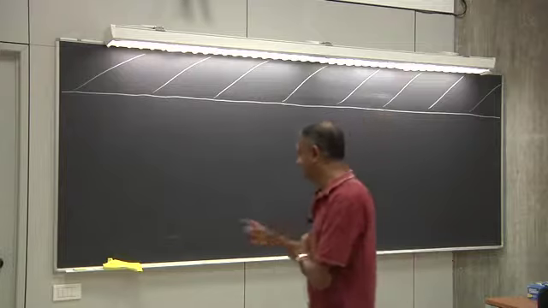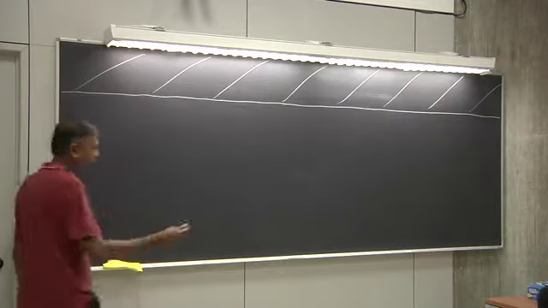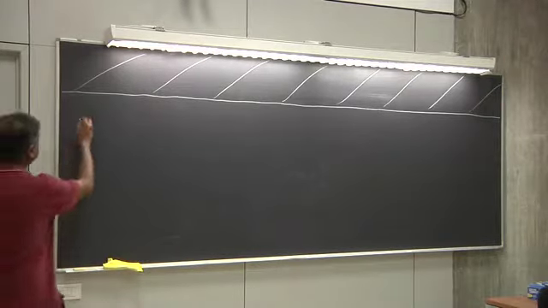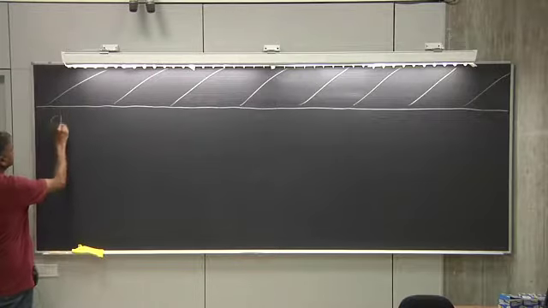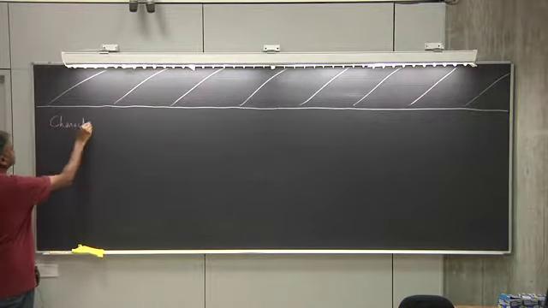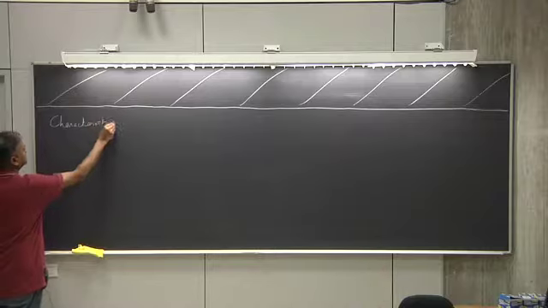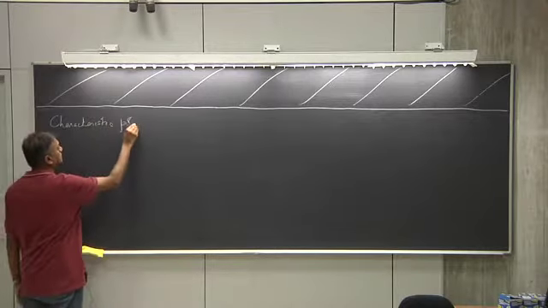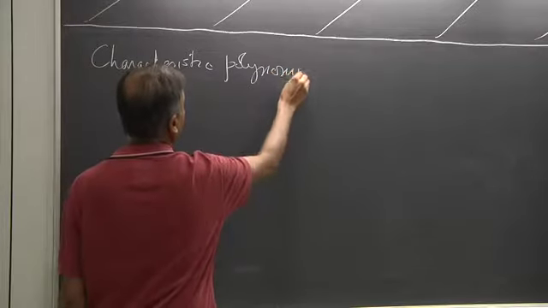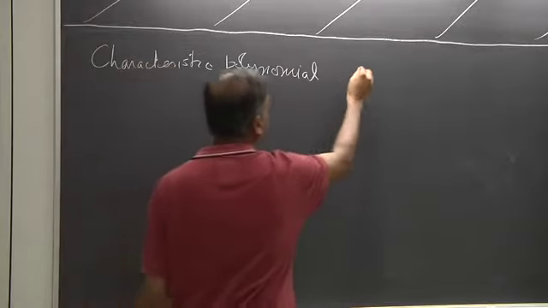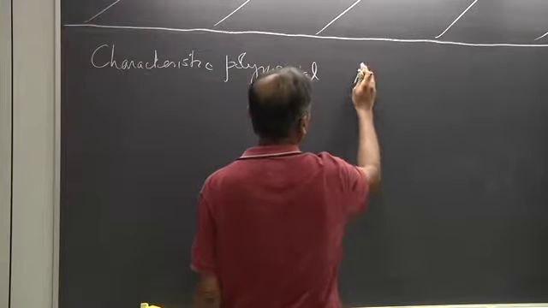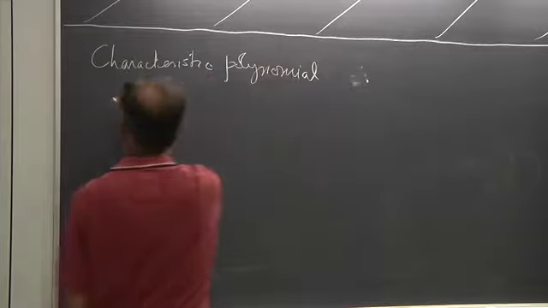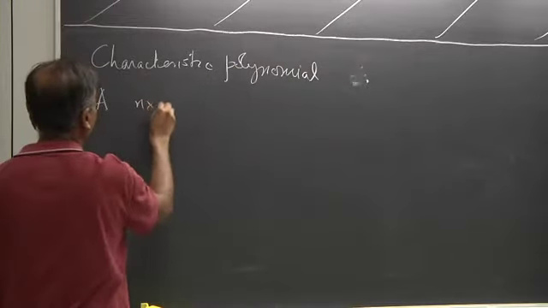Let me just remind you of the steps. The first step was to write the characteristic polynomial associated with the matrix A. A is given, an n by n matrix.